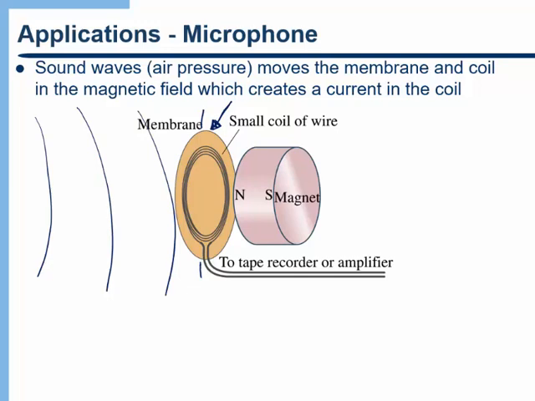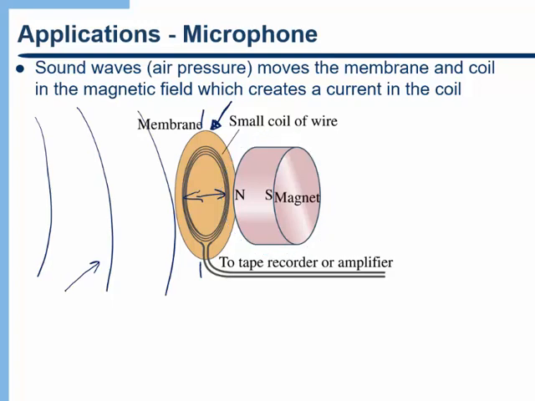Well, as that membrane vibrates, the coil is basically moving in and out relative to this permanent magnet. And therefore, we get a current generated in that coil that is directly proportional to the vibrations that came in from the sound wave. And so we get an electrical representation of the sound wave.